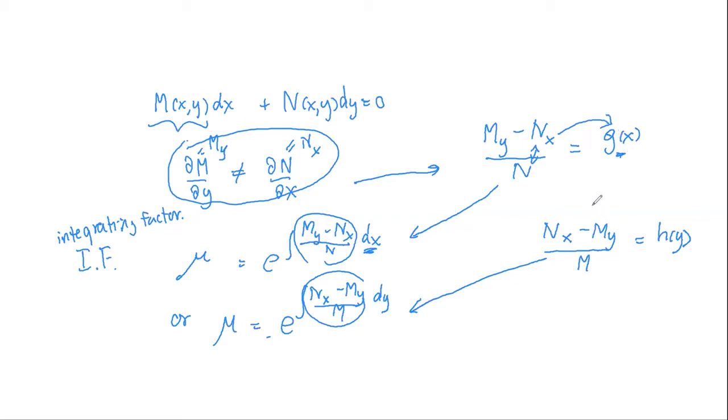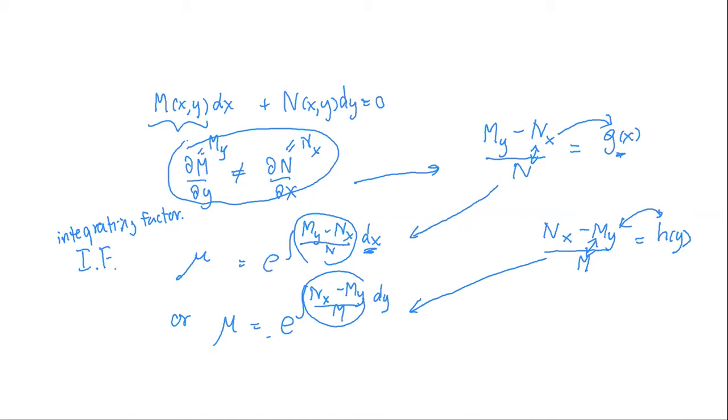If it's not, swap the order: subtract N_x minus M_y and divide by M, and the simplified form must be a function in y. This is the way I recognize and set up whether it's with respect to x or y.